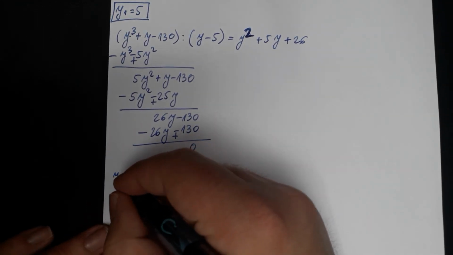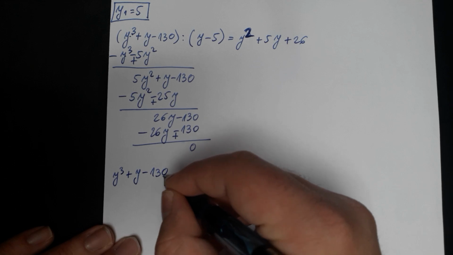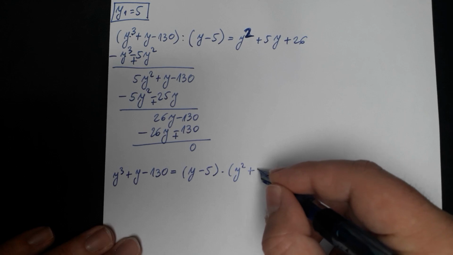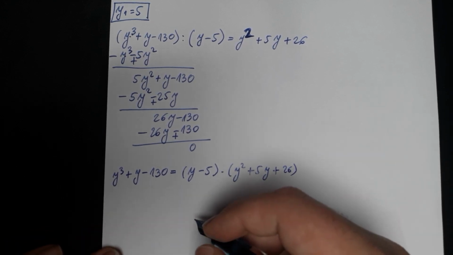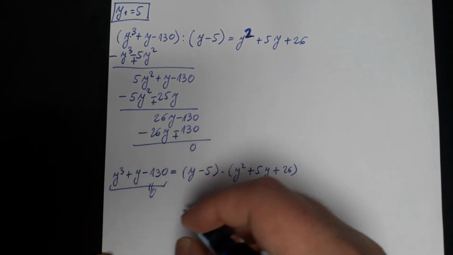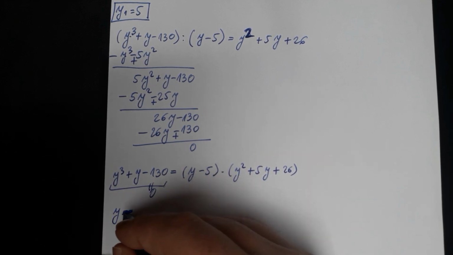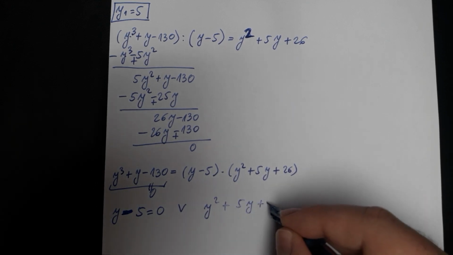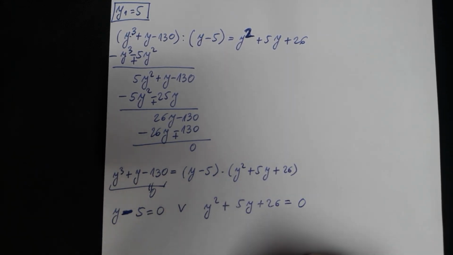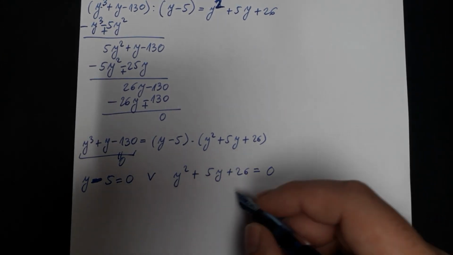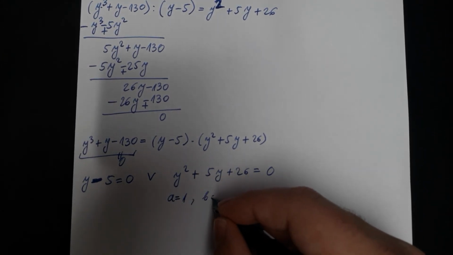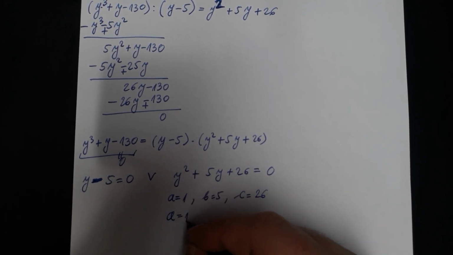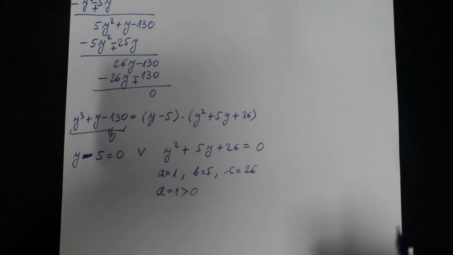So that means that y cubed plus y minus 130 can be written as y minus 5 times y squared plus 5y plus 26. So this is equal to 0 if and only if y minus 5 is equal to 0 or y squared plus 5y plus 26 is equal to 0. Now for this quadratic equation, a is equal to 1, b is 5, and c is 26. a is equal to 1, which is larger than 0.